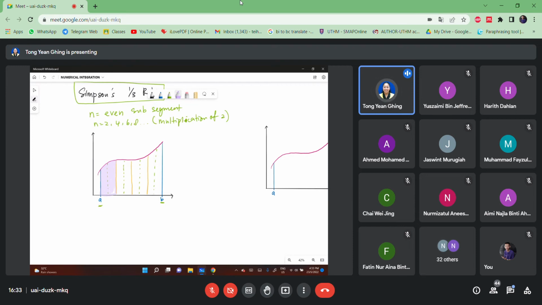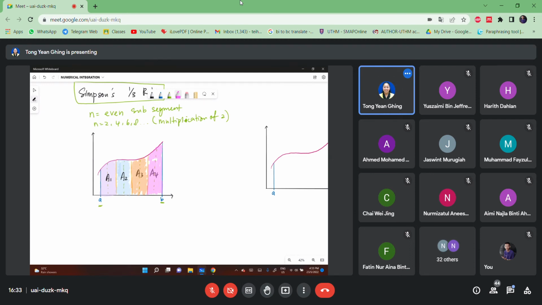Even though I divide into a few segments, this one is A1, this is A2, A3, and this A4.